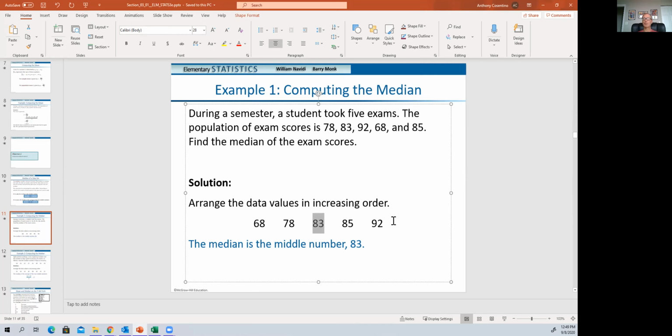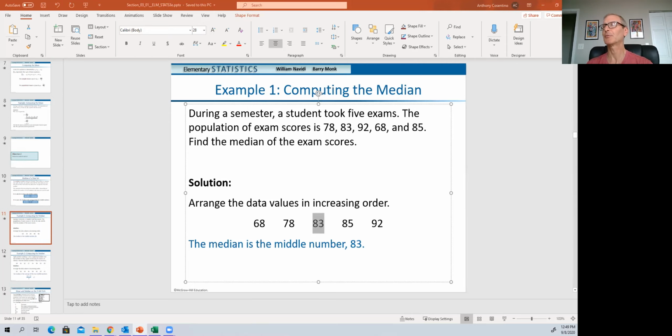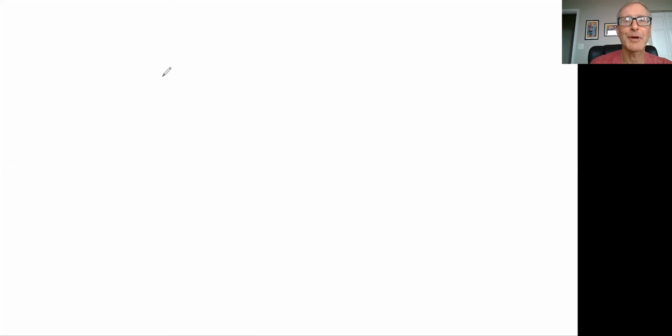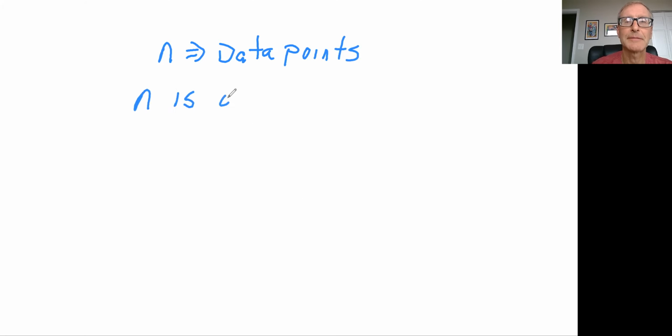If you have a lot of data points, sometimes it's kind of a pain to count up 50 and down 50. So one formula that I don't think I've seen in the book, but you might, I will share with you is, for example, if the total number of data points is n, that's the data points, and n is odd.